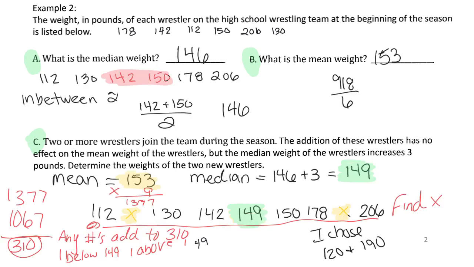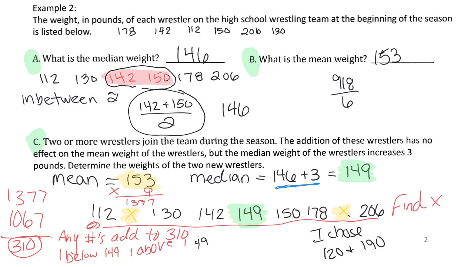Okay, so hopefully you found the median and the mean pretty simply. Just keep in mind if you have two numbers that the median's in between, you add them up and divide by 2. So letter C was a little tricky. Our mean needed to stay the same, but our median, we needed to add 3 to it. So our median became 149, which you know is in the middle.